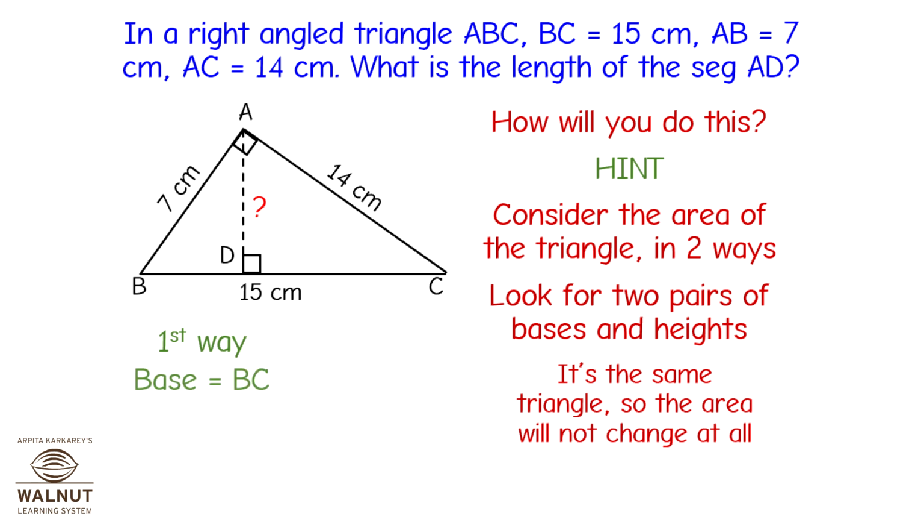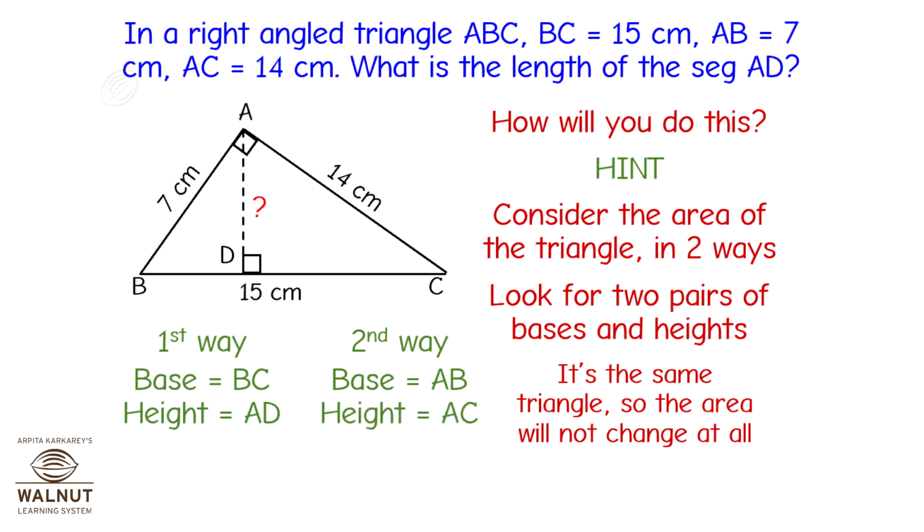First way, base is equal to BC, height is equal to AD. Second way, base is equal to AB and height is equal to AC. Did you get it?